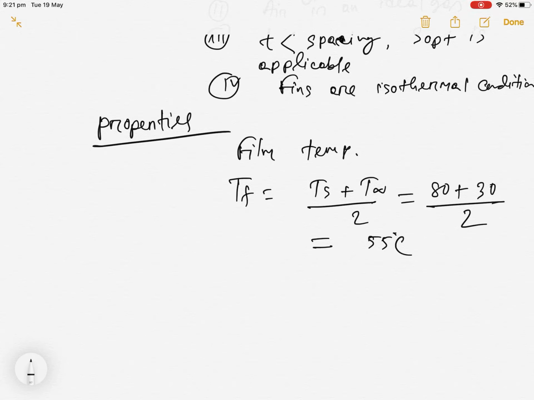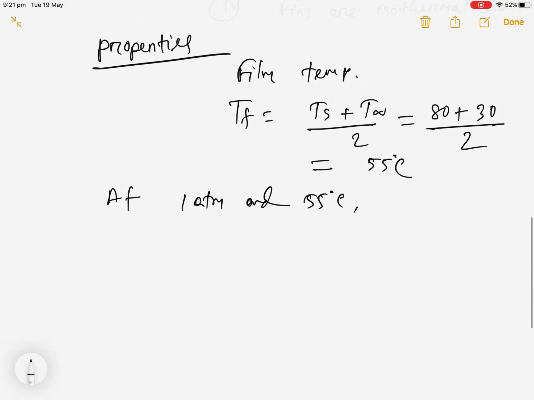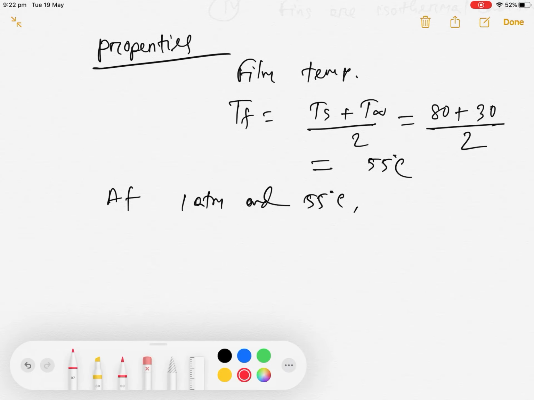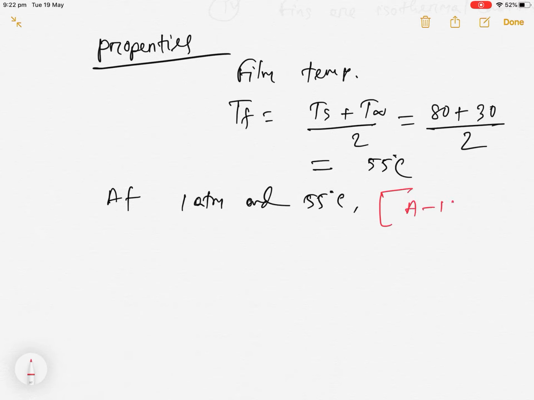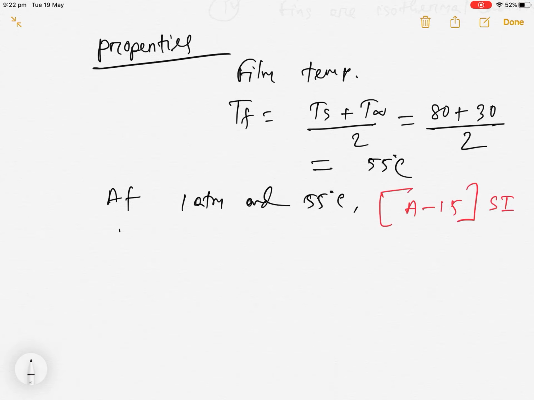So if we assume that the pressure is at atmospheric conditions, that means 1 atm, we can say at 1 atm and 55 degrees centigrade, the properties for air are from table A15 of the SI unit 5th edition book.